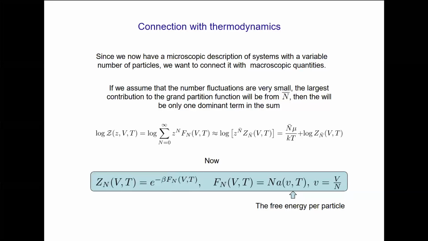So we expect that it's proportional to the number of particles. If you double the system, you expect that the free energy of the system will double as well. So we expect that the free energy of the system should be equal to the number of particles times a little factor a, which is the free energy per particle.